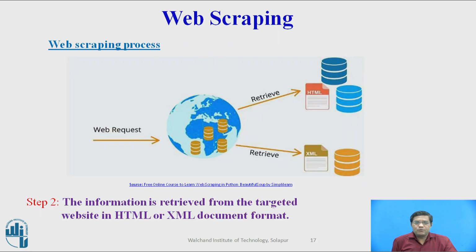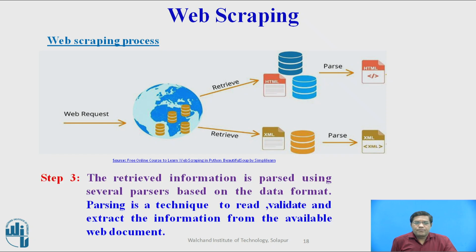Second, the information is retrieved from the target website in either HTML format or XML document format. The retrieved information can be parsed using several types of parsers based on the data format. If it is an HTML web page, then we can extract the data of this web page by using an HTML parser. If it is XML, then we can use the XML parser.